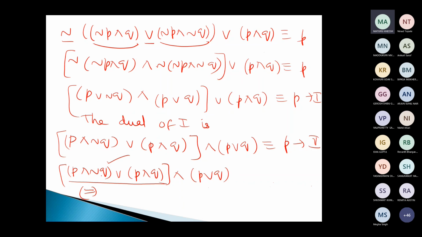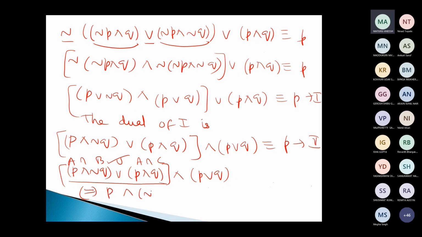This is like A intersection B union A intersection C. So what is A intersection B union A intersection C? It is A intersection (B union C). See, it is like A intersection B union A intersection C, so it should be A intersection (B union C).